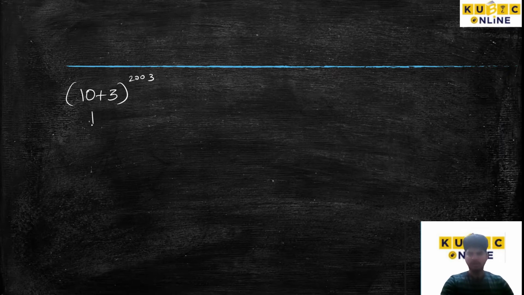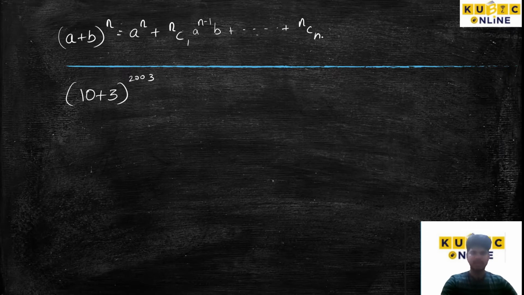Now if I open it using binomial expansion, what is binomial expansion? (a plus b) to the power of n is equal to a to the power of n plus n choose 1 a to the power of n minus 1 b plus dot dot dot plus n choose n minus 1 a to the power of 1 b to the power of n minus 1 plus b to the power of n.